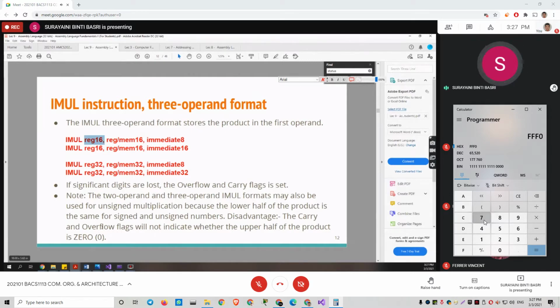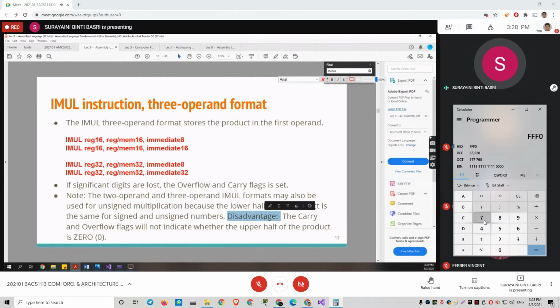Okay, so the two operand and the three operand IMUL formats may also be used for unsigned multiplication, because the lower half of the product is the same for signed and unsigned numbers.